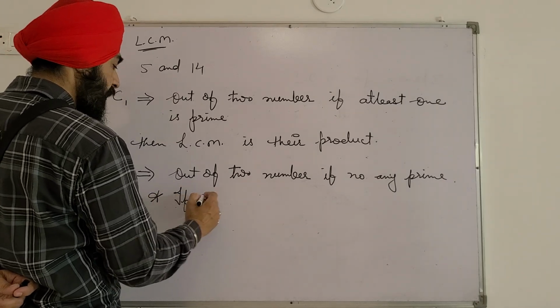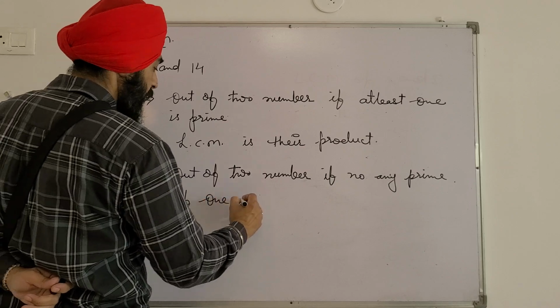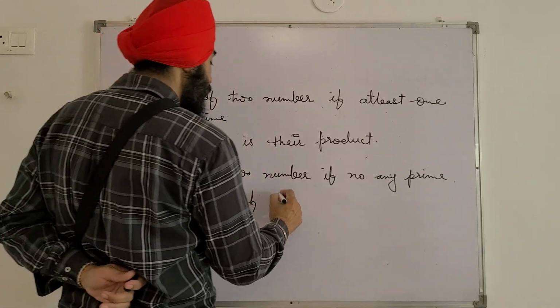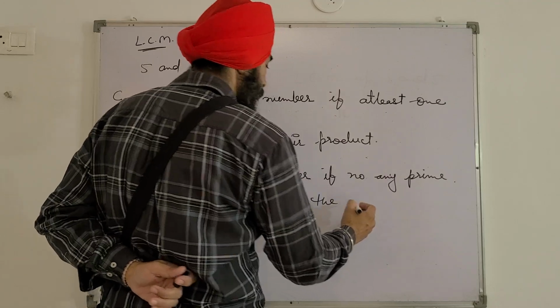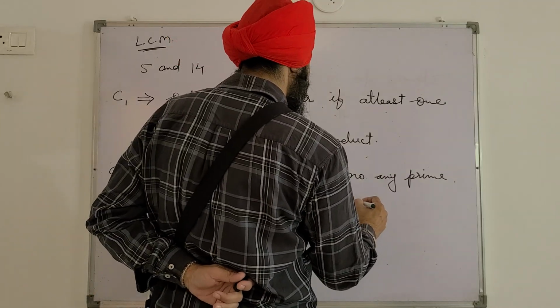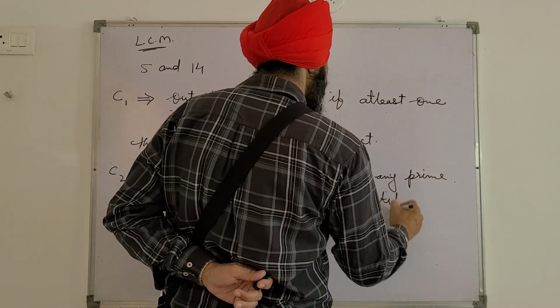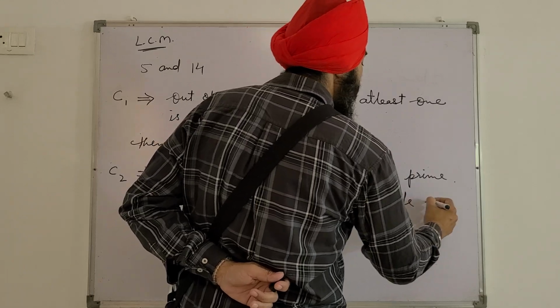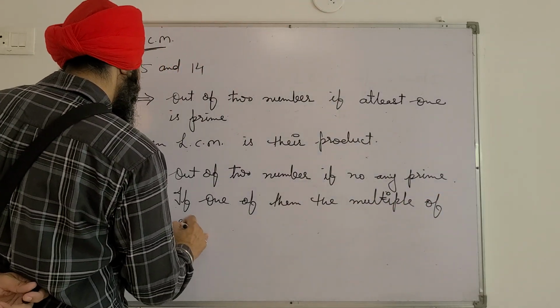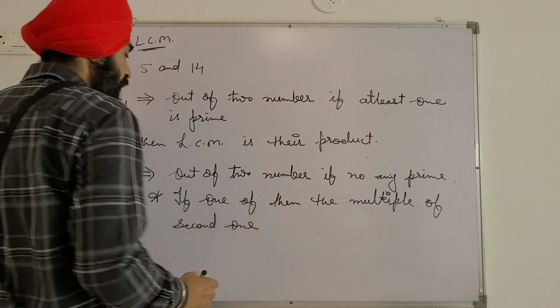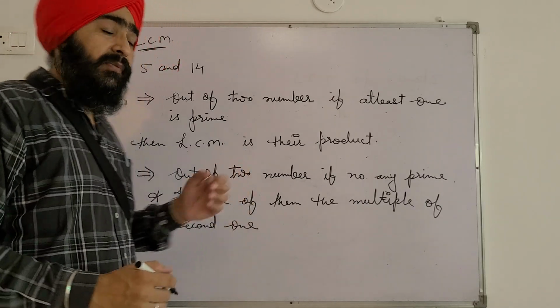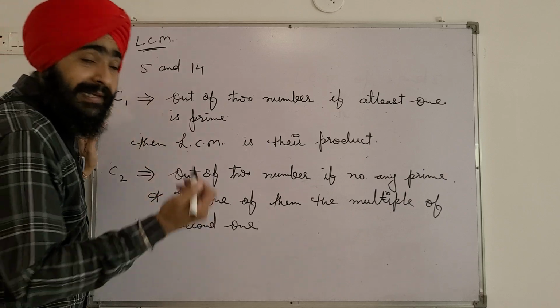So the condition is: out of two numbers, if none is prime, then very firstly we have to observe whether one of them is a multiple of the second one. If one of them is a multiple of the second one, then what will be the LCM?